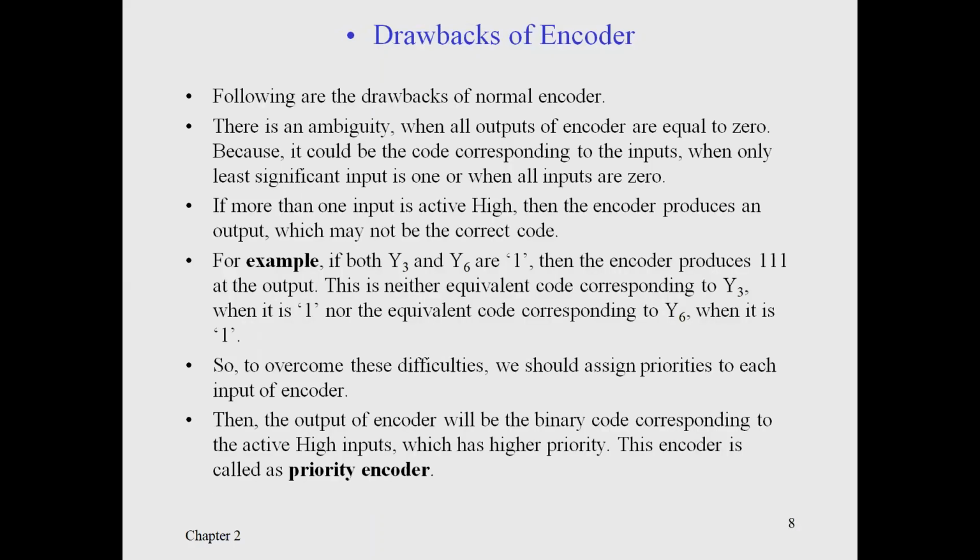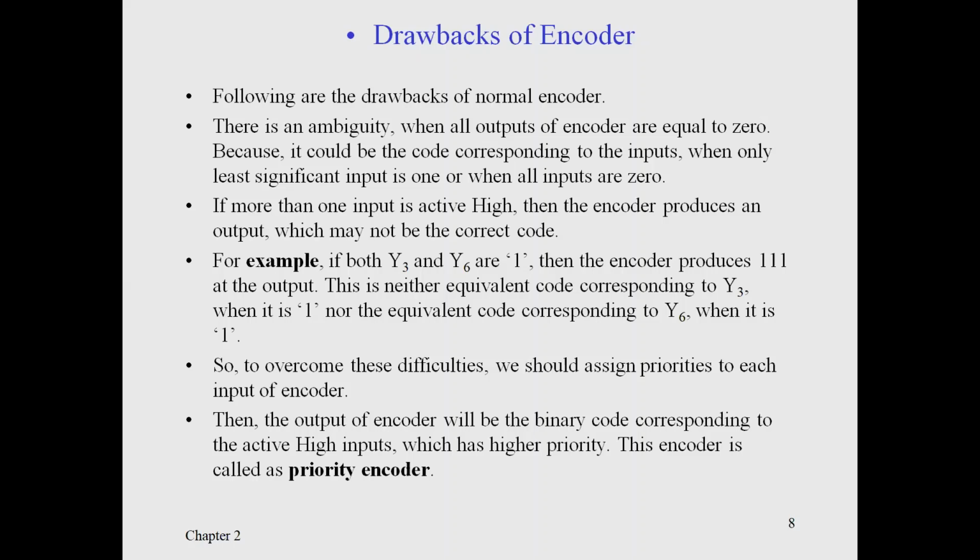Now, the drawbacks of the encoder. Following are the drawbacks of a normal encoder. There is an ambiguity when all outputs of the encoder are equal to 0, because it could be the code corresponding to the inputs when only the least significant input is 1, or when all inputs are 0. If more than one input is active high, then the encoder produces an output which may not be the correct code.